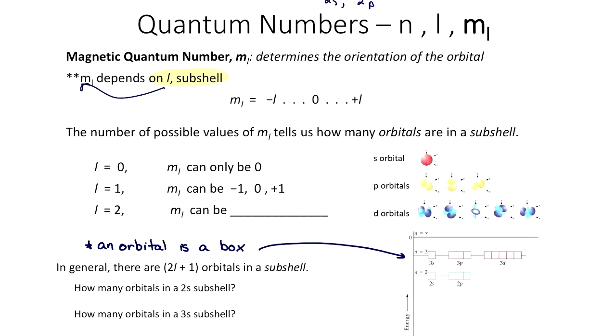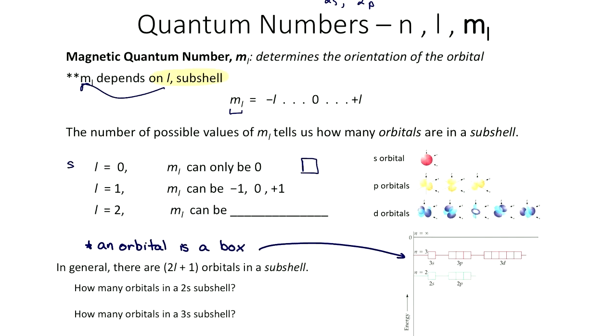The rule is, depending on what l you're in, the possible orientations are negative l to positive l, all the integers between. If we look at these examples, an l of 0 is an s subshell, so the only possible m sub l is the value 0. So in an s subshell, there is only one orientation, one box.